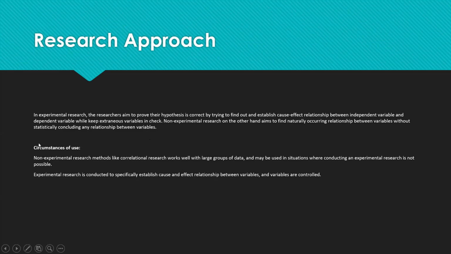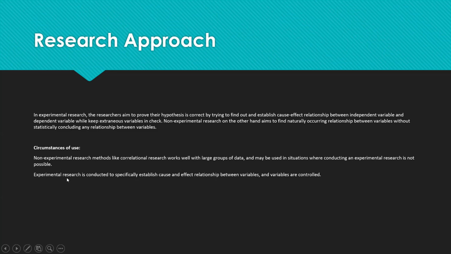And also circumstances of use. When can these two kinds of research be used? Non-experimental research methods like correlational research work well with large groups of unorganized data, in situations where conducting experimental research is not possible at all. There's no independent variable, no dependent variable. In situations like that, we use non-experimental research.